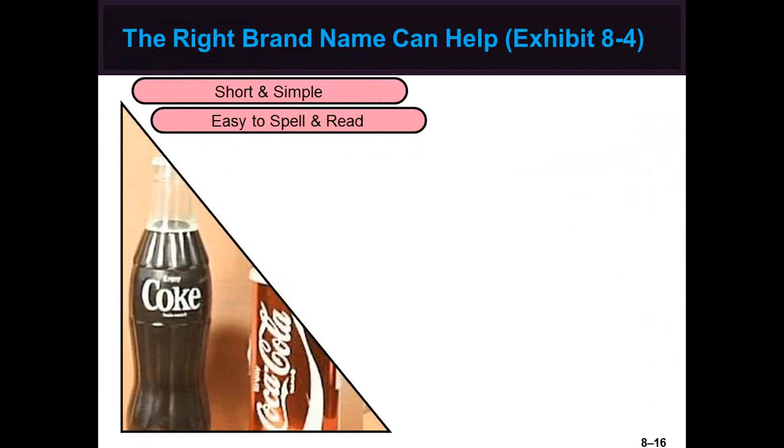There are several characteristics of a good brand name. Some successful brand names are exceptions to all or many of these guidelines, but many of them originated when they faced little competition.